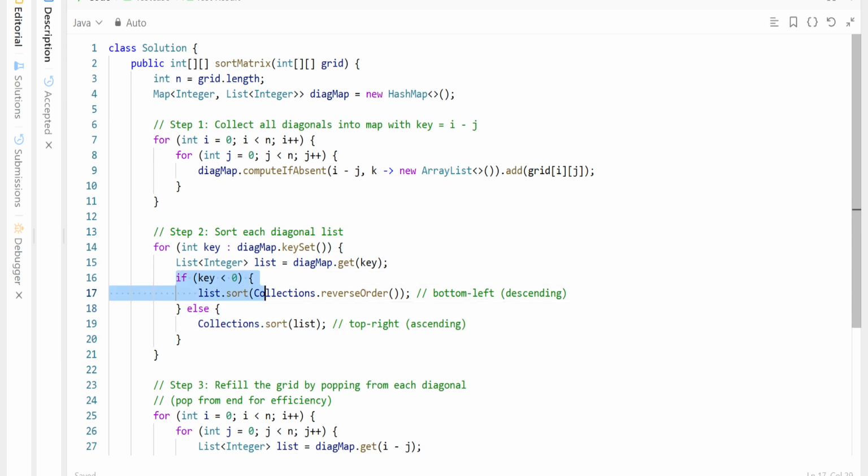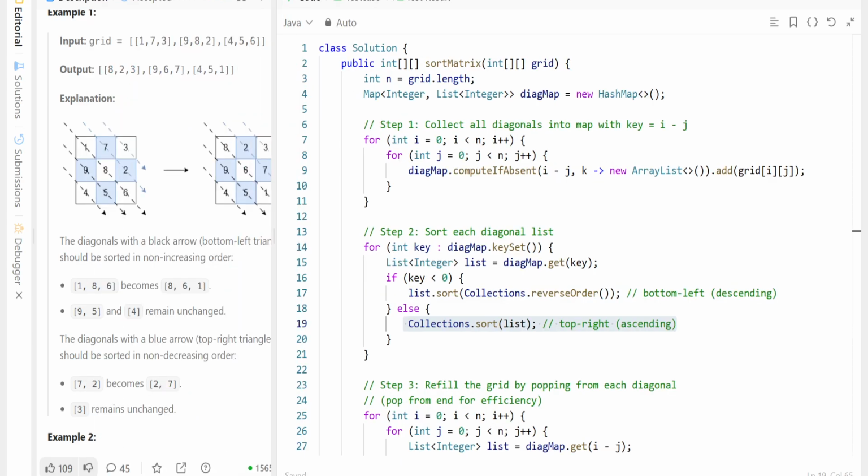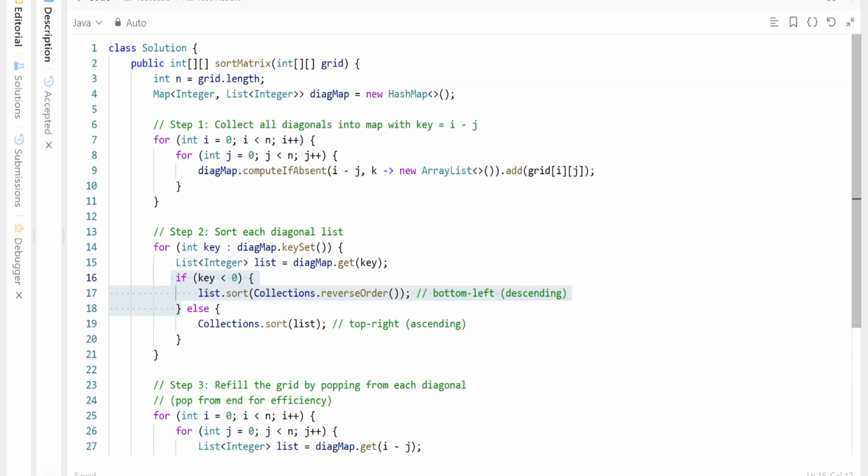If key is less than 0, we have to reverse it, because we are talking about the bottom left. But if the key is on the main diagonal or above, we have to do the sorting, and for that it will come in this loop. Otherwise, if it is in the lower part, we'll do the reverse order sort. With the Java 8 method, we can directly do the reverse sort. Very easy.